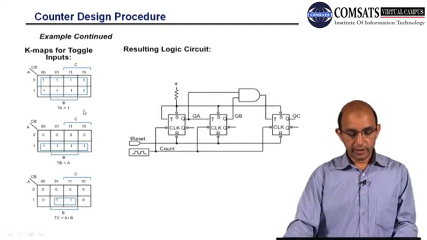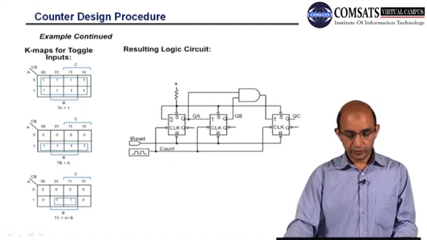It means that this flip-flop requires 1 all the time. For TB we have this quad of 4 ones, and for TC we have this pair. As a result of this pair we have A dot B.